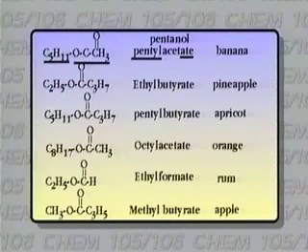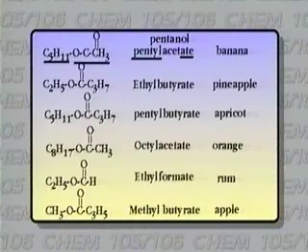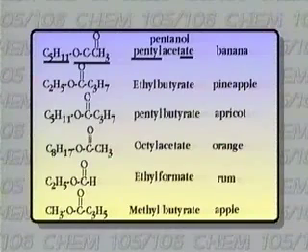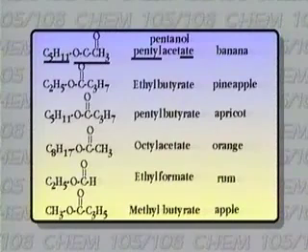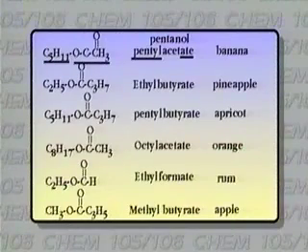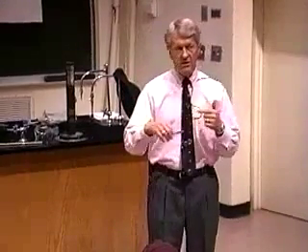Or we look at the next one here. Here's ethyl, that means the ethyl alcohol, our grain alcohol, coupled together with bute, which stands for 4, so this is a 4-carbon acid, butyric acid.